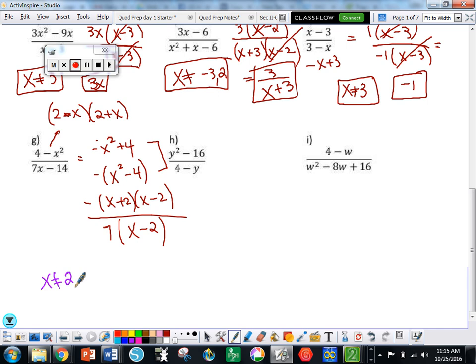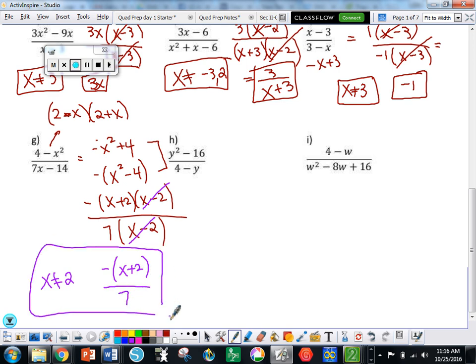From the bottom, x cannot be 2. We don't care about the top. And is there anything that will cancel? x minus 2, x minus 2. Our final answer then would be negative x plus 2 over 7. Now I've done a lot of these on the board. I want you to try each.